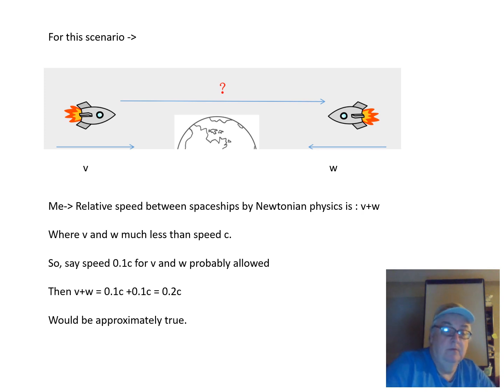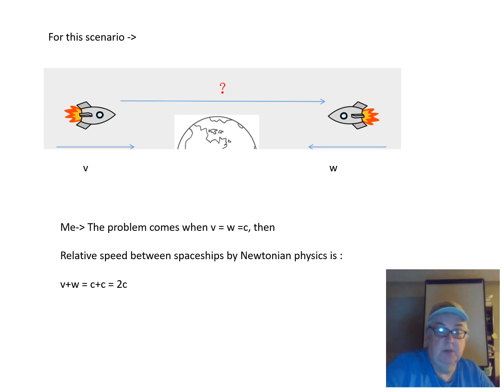And when v and w are much less than the speed of light c, so say for instance 0.1 c for v and w is probably allowed, then v plus w equals 0.2 c, and that would be approximately true.